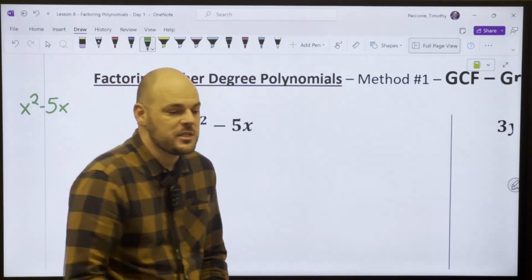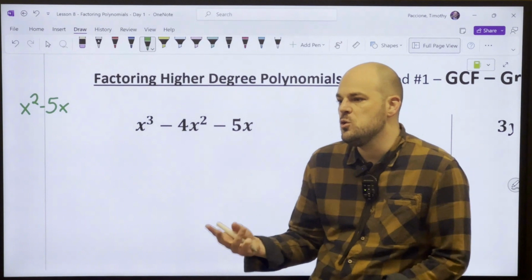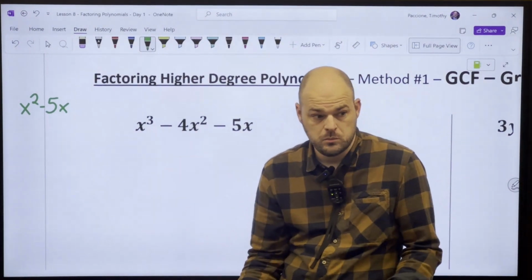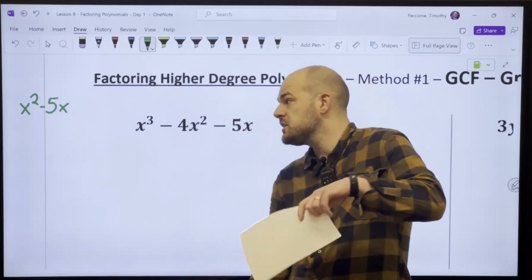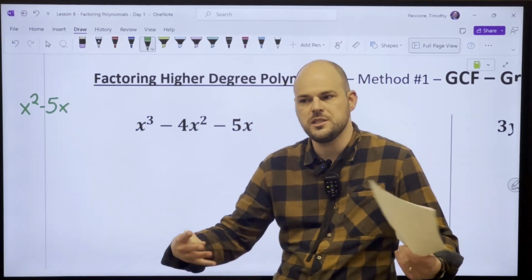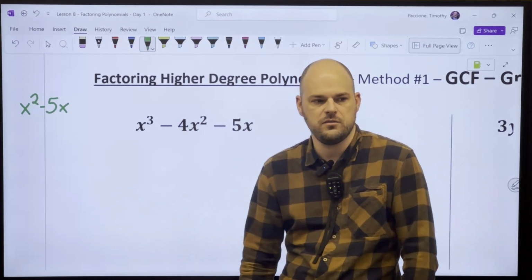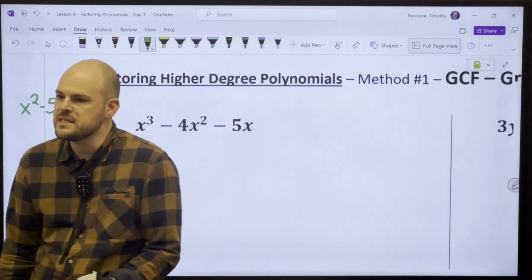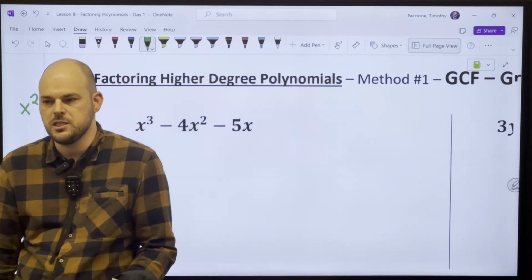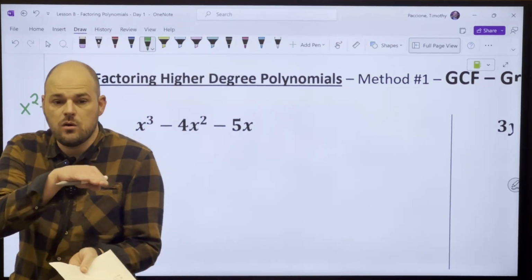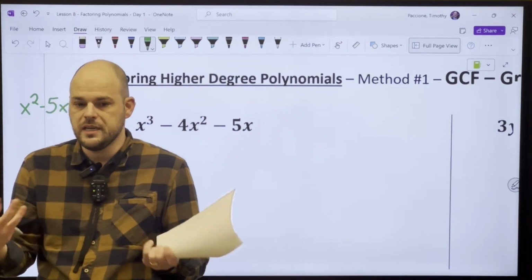A lot of you were just like, I know he told us a new way, but I'm pretty comfortable with magic x, so I'm just going to pretend c is 0, and put 0 on top, minus 5 on the bottom, do my magic x, and I said, you don't have to do all that. There's a GCF here. What's the GCF? X, right? X goes into both of these, right? We don't like to sometimes think about variables as GCFs. We think numbers, but if anything can be divided all the way across evenly, it's a GCF.